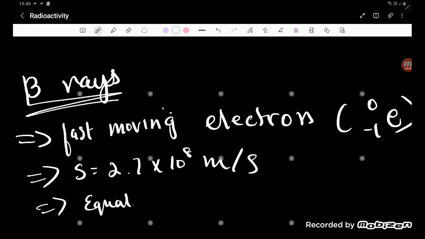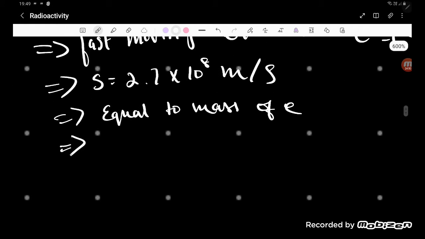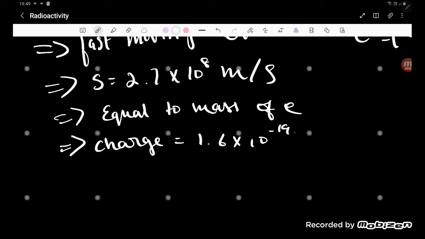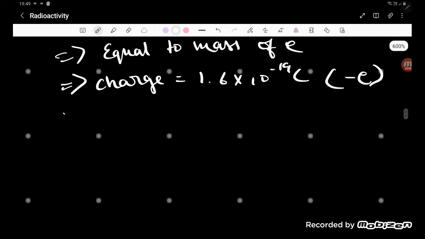The next point is it is negatively charged, so charge is equal to 1.6 into 10 to the power minus 19 coulomb, minus e, the electron's charge.